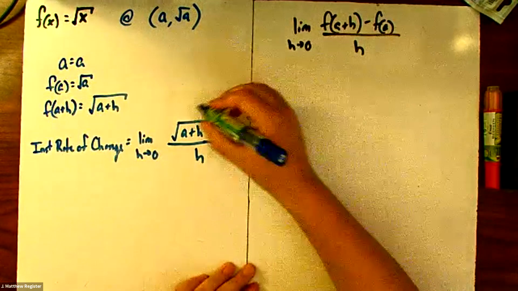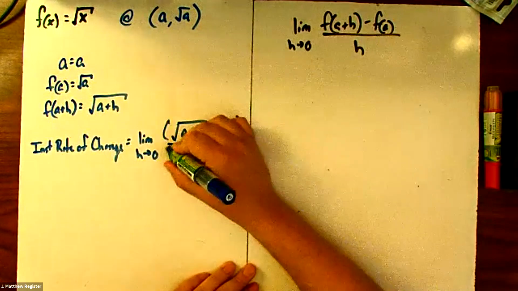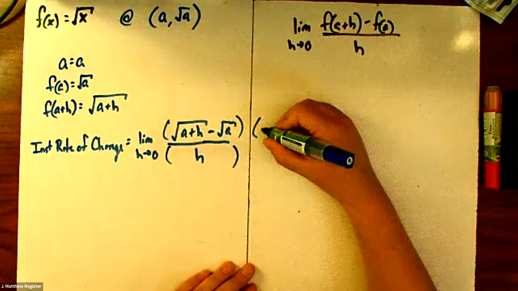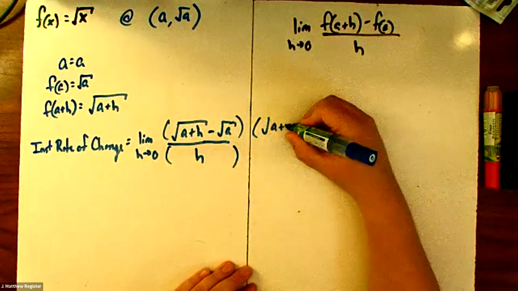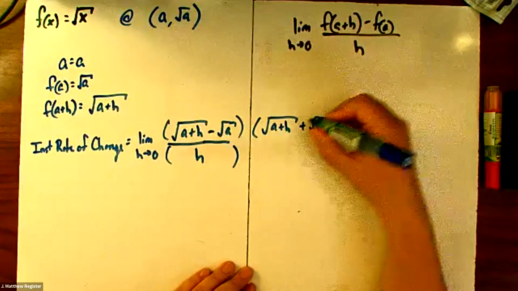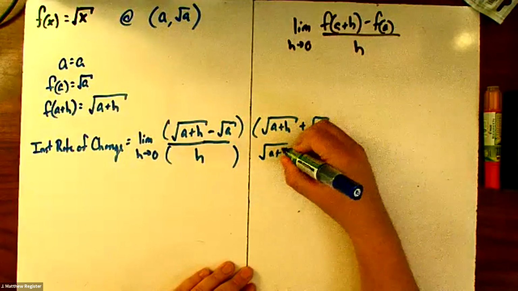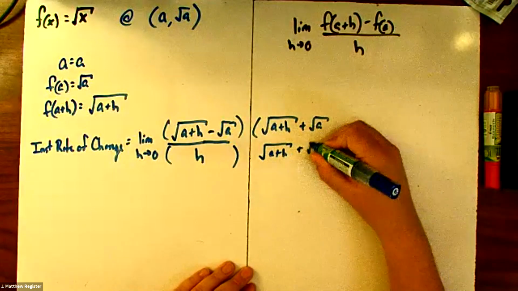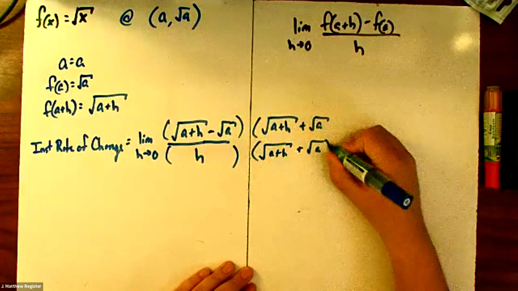Well, this we can now simplify, again, using the conjugate. Square root of a plus h plus square root of a, over square root of a plus h plus square root of a.